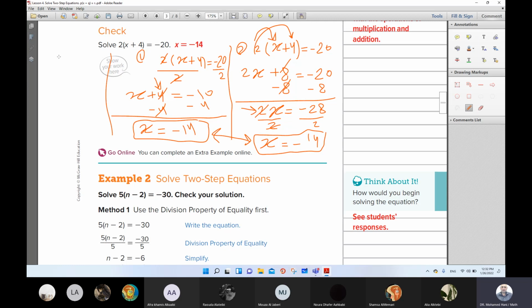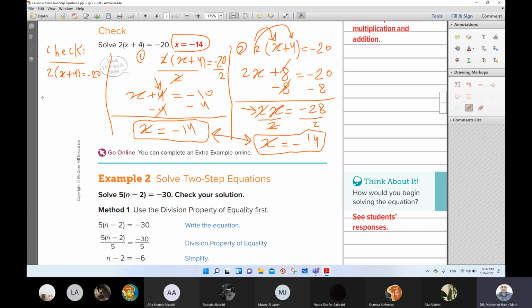And if you want to check, rewrite the same equation. Then substitute the value of x equal negative 14.